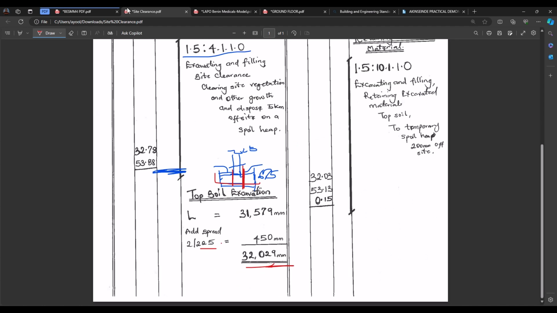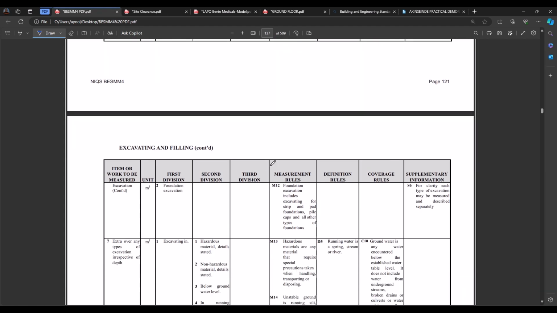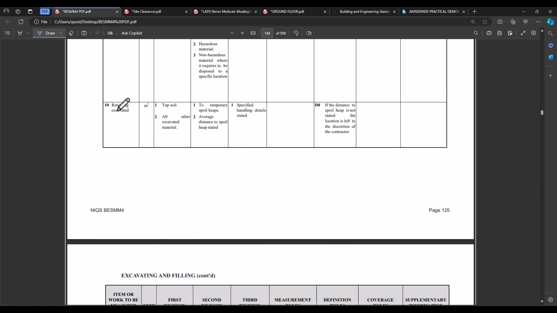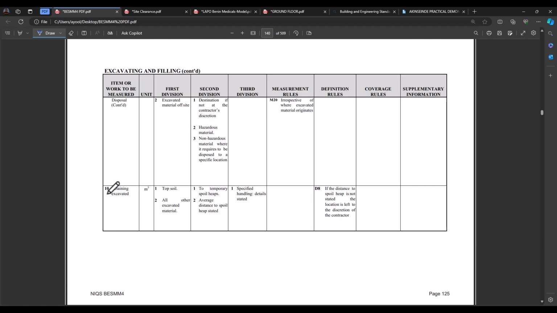So now let's go to retain. We are going to consider retaining and disposal since they are the same process. Let's check, where do we have retaining? Retaining excavated material is measured in meter cube. That's the length, the width, and the depth or thickness. So we have 10 under excavating, which is 1.5.